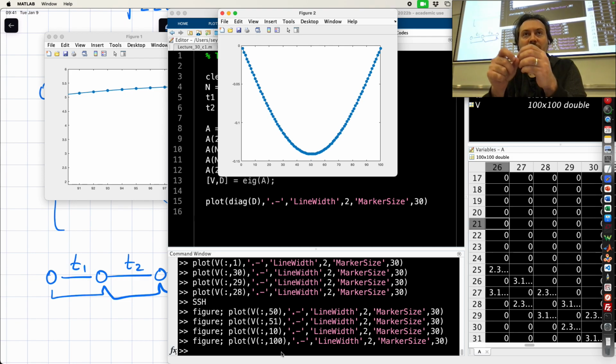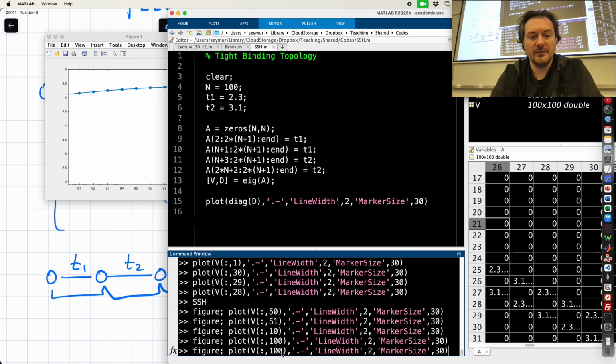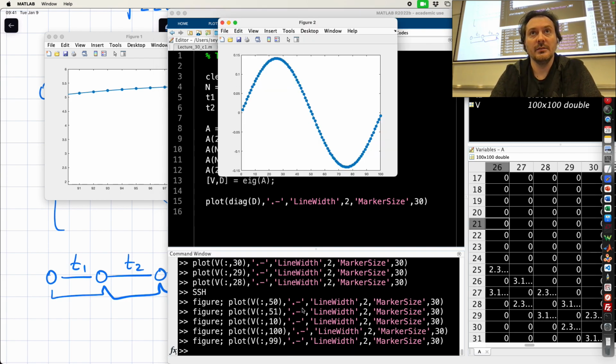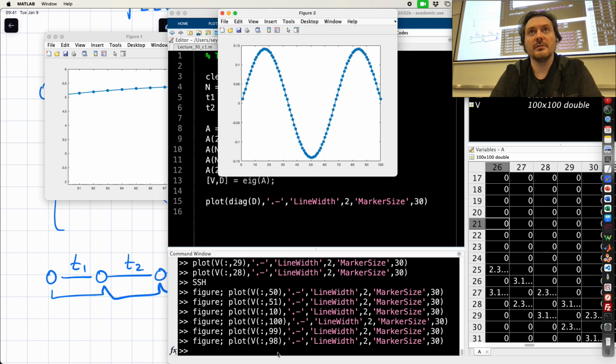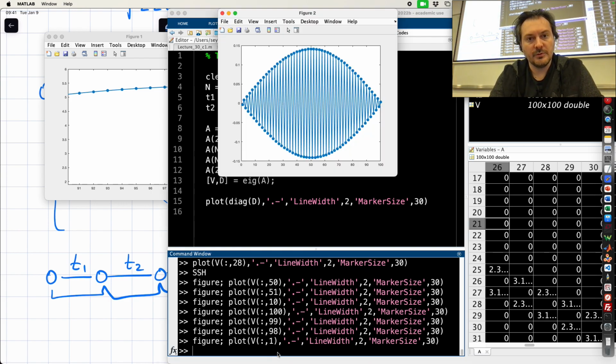Even if you have an atomic chain, a complicated system, still particle in a box intuition works. Because if you go to the next one, it's a sine. If you go to the next one, it's the next one. And we can go all the way down to here, which is this one.